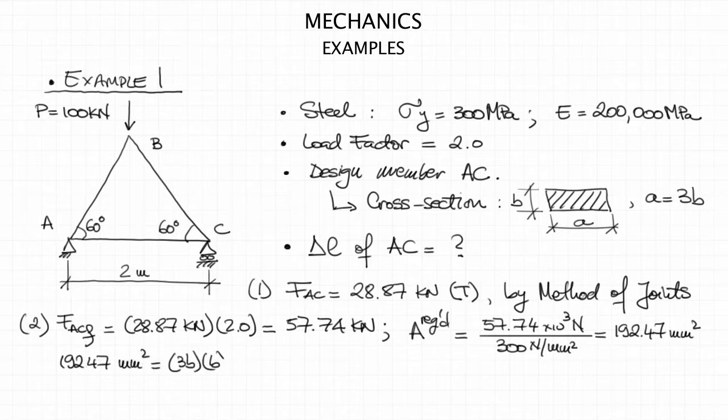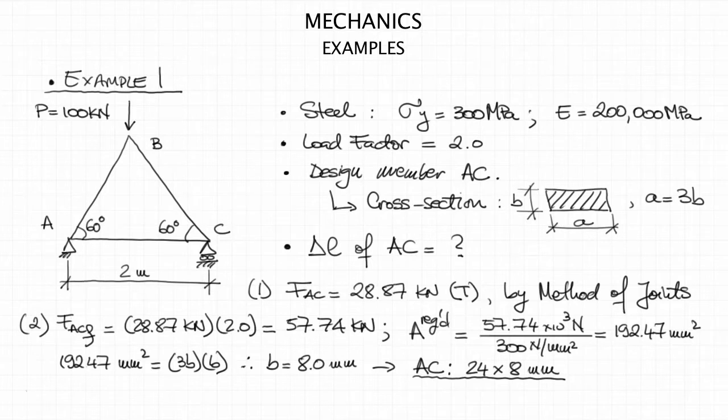So this area has to equal 3b times b, and if we calculate b and we round up to the nearest millimeter, b will be equal to 8.0 millimeters. So therefore, the cross-section of member AC will be 3 times 8, 24 by 8 millimeters.